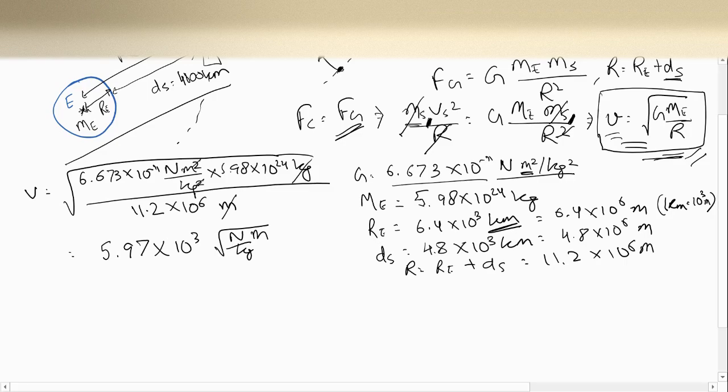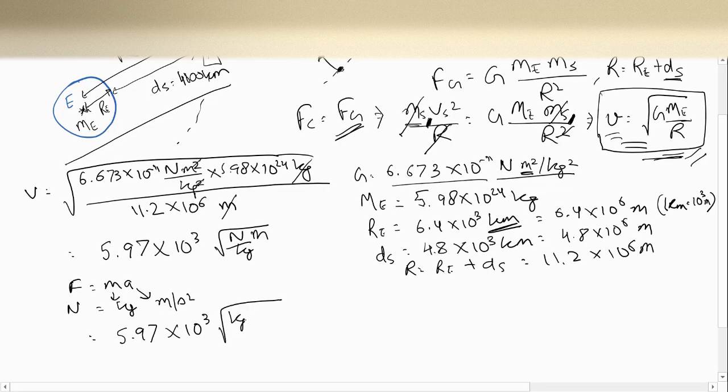So Newton is the unit of force. Force is mass times acceleration. So Newton, unit of force, unit of mass is kg, unit of acceleration is meter per second squared. So we can put these things back. So velocity is going to be 5.97 times 10 to the 3.